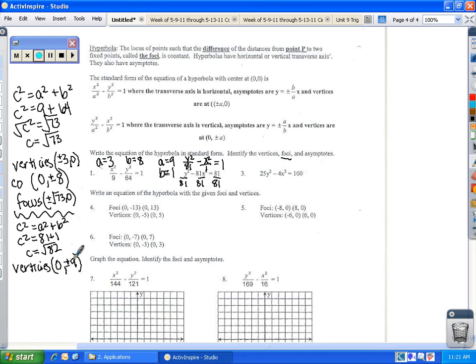Co-vertices are associated with the x, and my b value is 1, so that's going to be plus or minus 1, 0. My focus points are going to be the same pattern as my vertices, so 0 goes first, and then plus or minus the square root of 82.